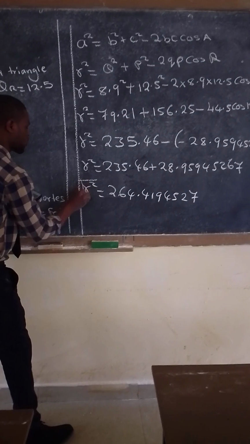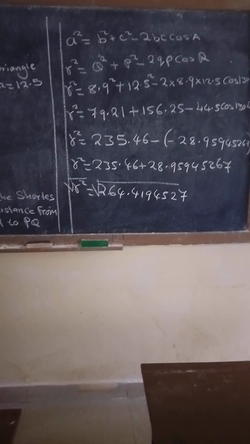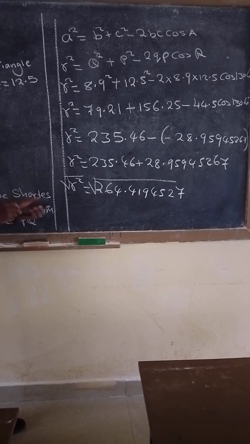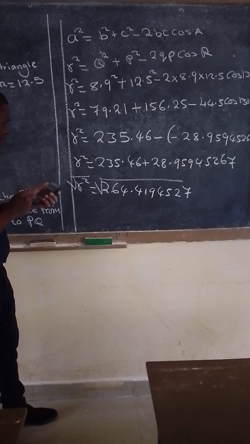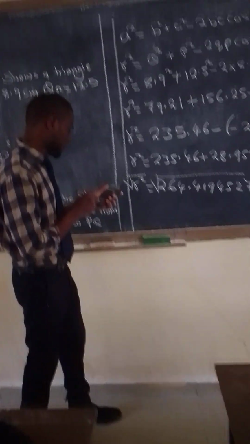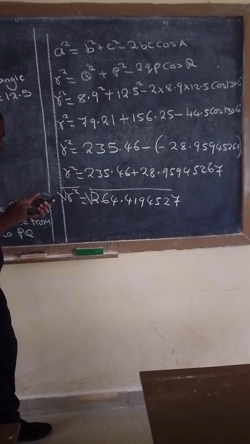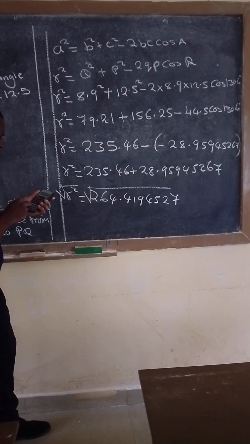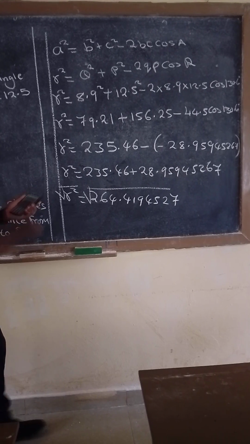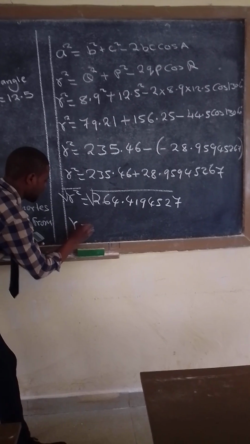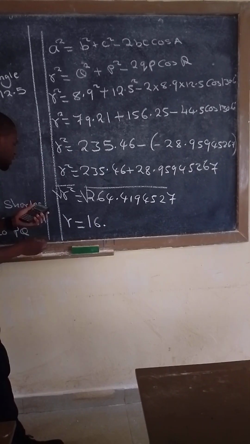Then you introduce the square root so that you find the length of PQ. The square root of 264.4194527 means that r is equal to 16 point something, and you round off to one decimal place.